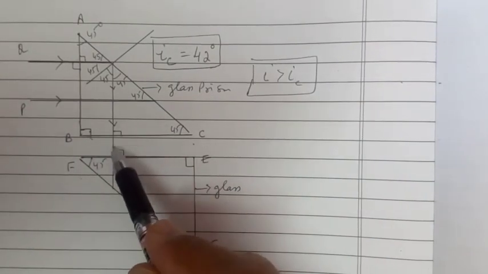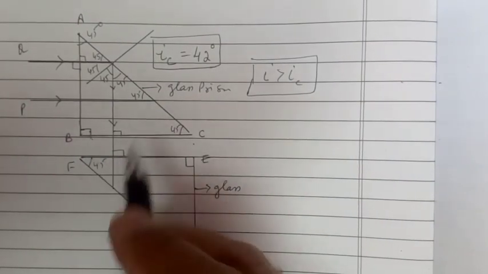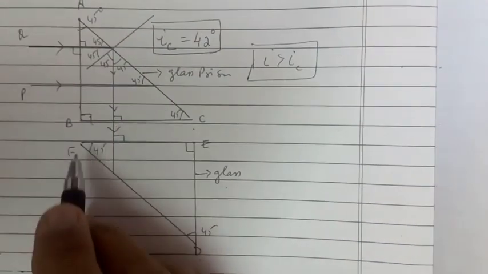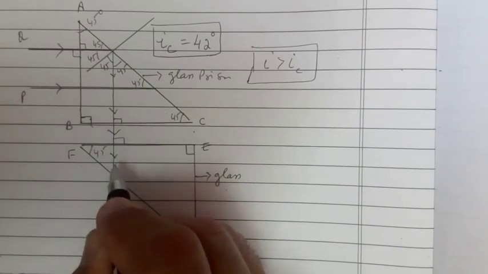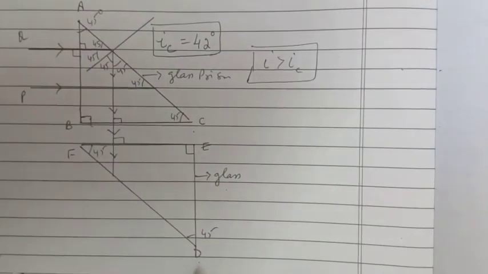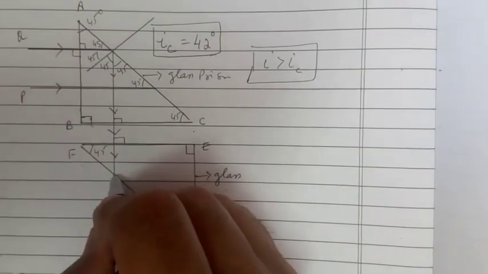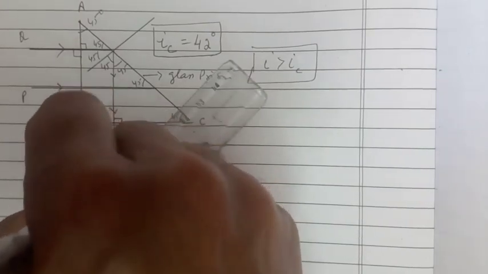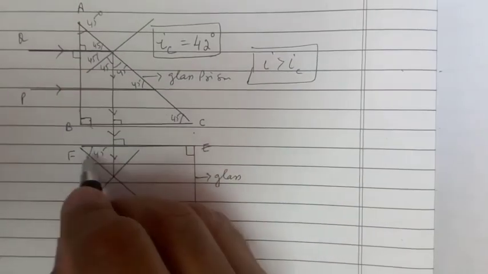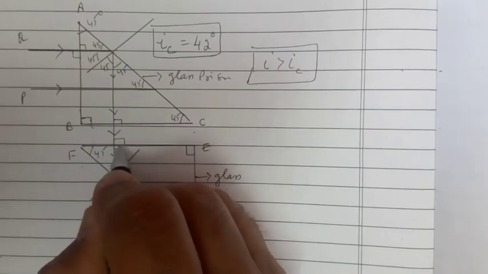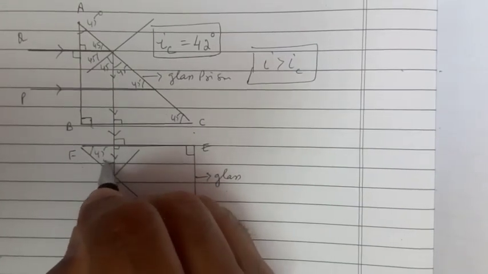The emergent ray of this becomes the incident ray for the second. So this ray strikes face FE at 90 degrees, goes straight and meets side FD. Now at this point we draw a normal. Now in this small triangle, this angle is 90, 45.